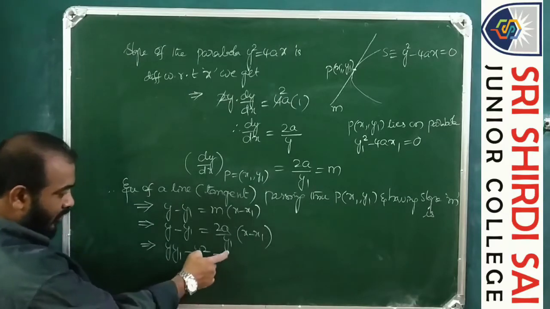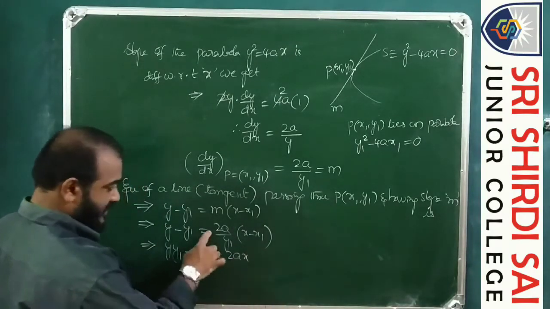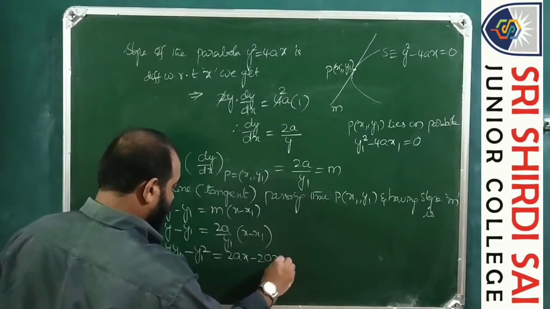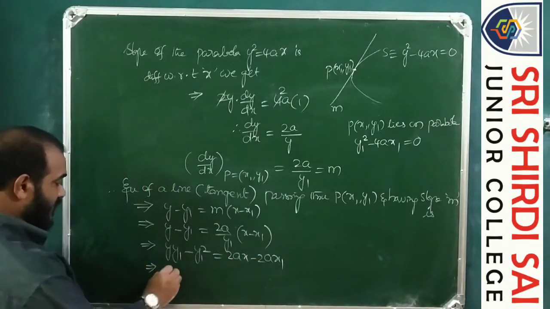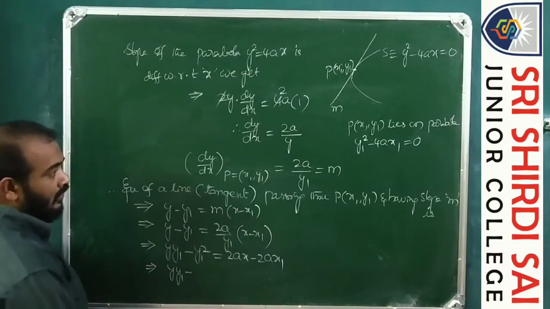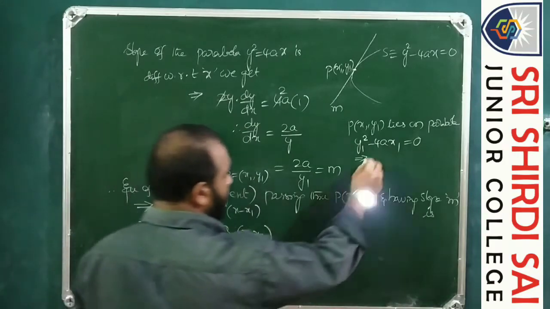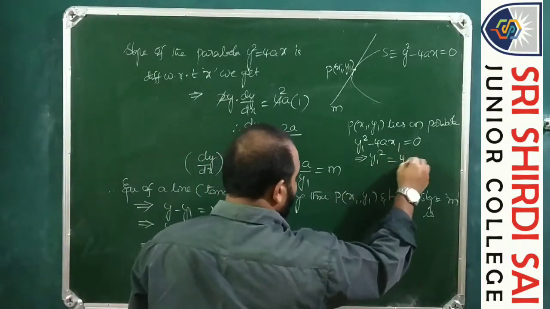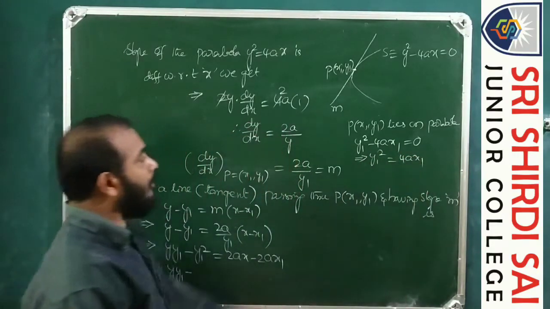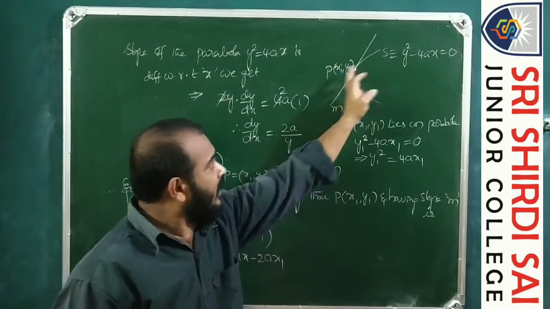So here y1 into y minus y1 square equals 2ax minus 2ax1. What is y1 square? y1 square equals 4ax1, because P(x1, y1) lies on the parabola, so the point has to satisfy the equation.